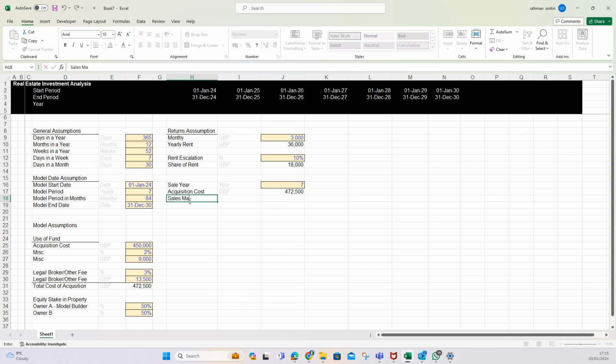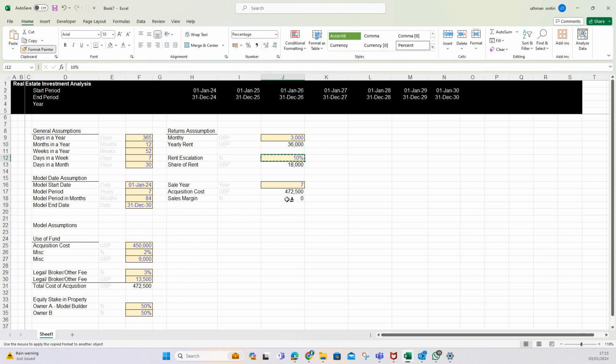Sales margin. So my thinking around here is to say, look, guys, if we're going to sell this property, we have to sell it at a point where let's assume we must have gotten 20%, or at a point where the offer to buy from us is at least 20%. So you say sale margin 20%.